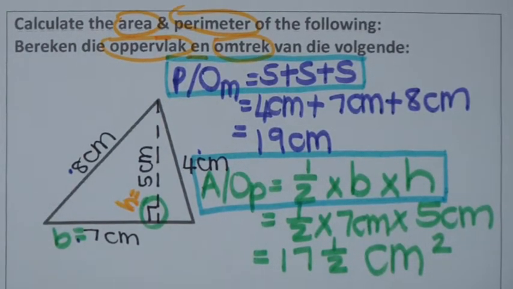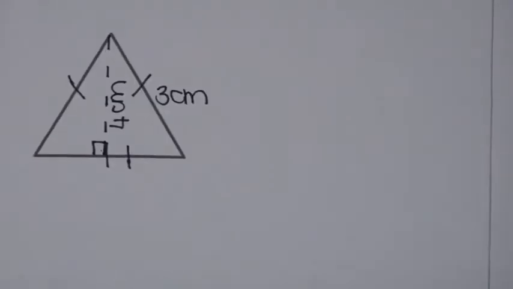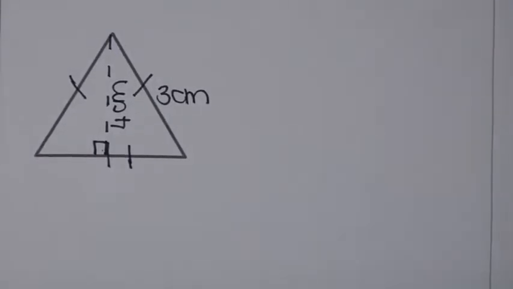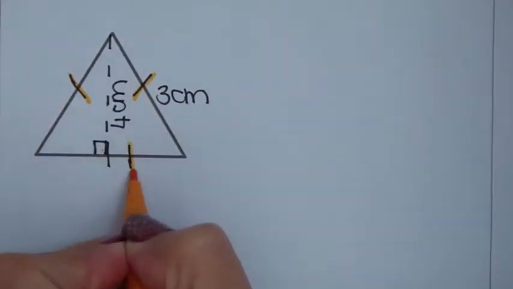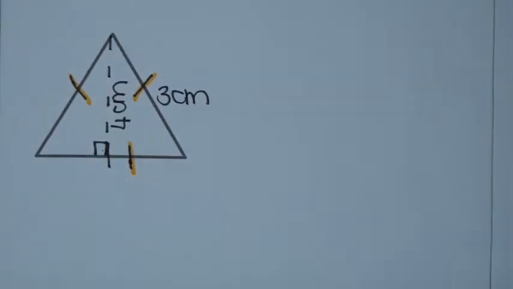Kom ons kyk na 'n ander tipe driehoek nou. Okay, hier is ons nou 'n ander tipe driehoek en ek is jammer hy het 'n klein bietjie stupid uitgekom. Maar ja, hierdie is, kyk gou hierso. 1, 2, 3 lyntjies. Wat sê dit vir my? When they give me a triangle and they put 3 little lines like that, 1 line for each side.